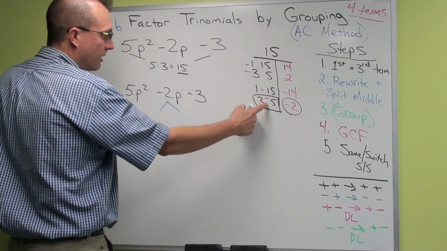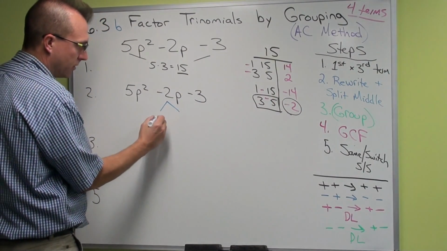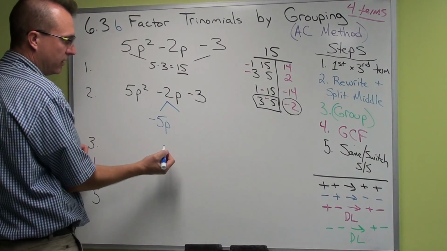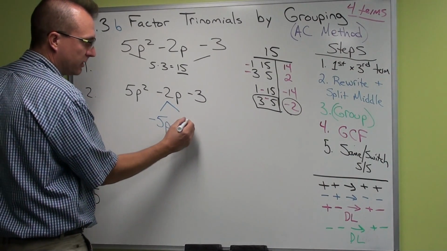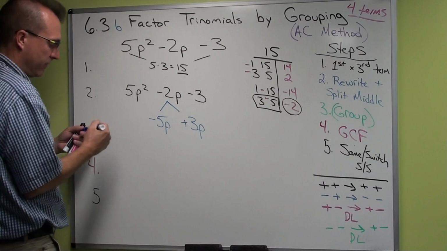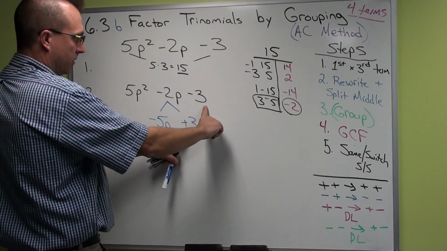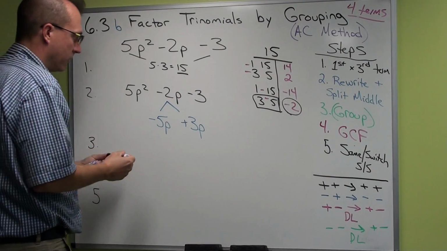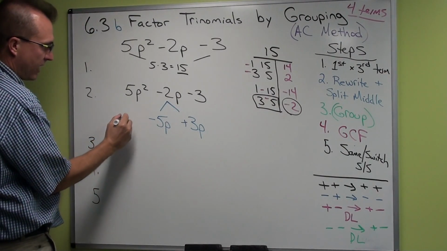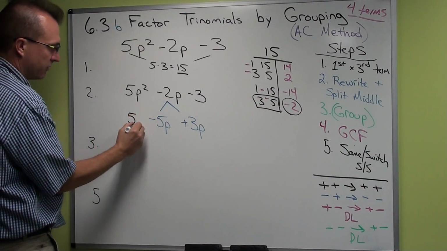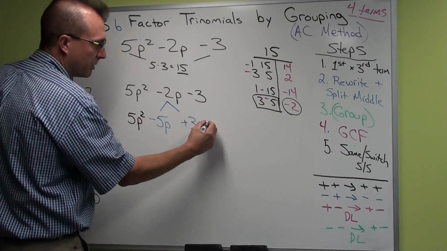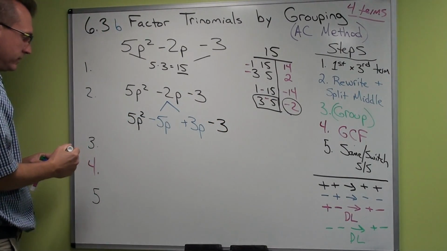So I'm going to put the negative 5 first. Negative 5p. And over here I'm going to put the plus 3p. Because the numbers will be more compatible with each other when we go to do the next, the greatest common factor step. So this is 5p squared, and I'm going to bring down my negative 3.